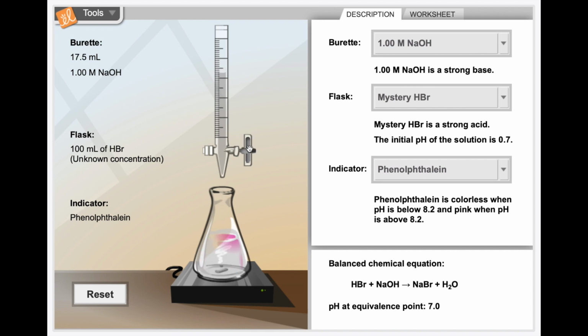more. Okay. So now with each drop, I see that the pink is starting to persist. Right? I want it to stay pink. That's what's going to tell me when I've reached that equivalence point. So I need to be very careful that I don't go too far. Add. It's going to start staying longer and longer.